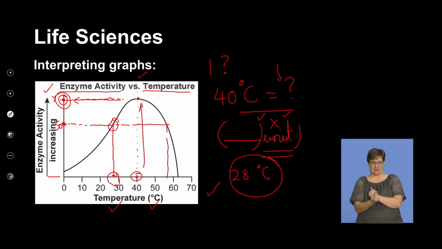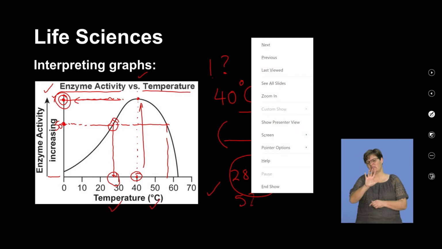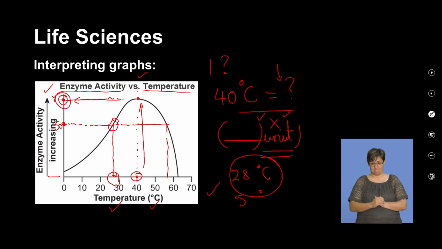I'm going to say it occurs at 28 degrees as well as at, I think proportionately it's around 57 degrees Celsius. So we've got 57 degrees Celsius at which it occurs. And this is what we refer to as using information from the graph to extrapolate more data.